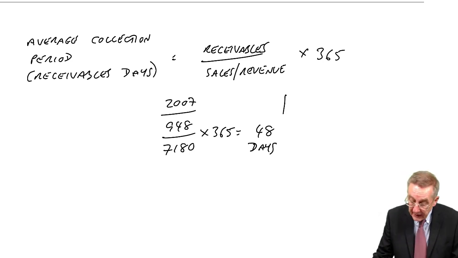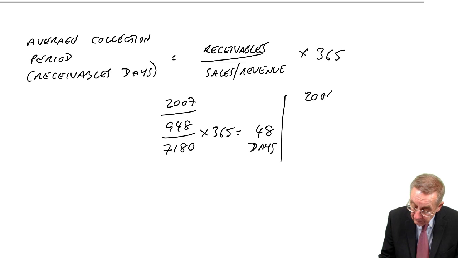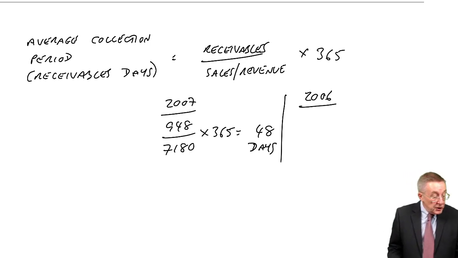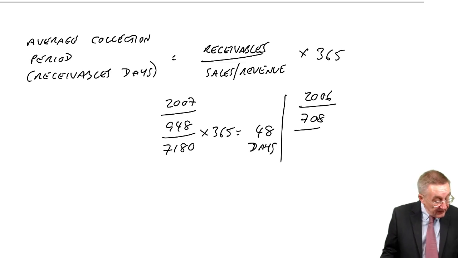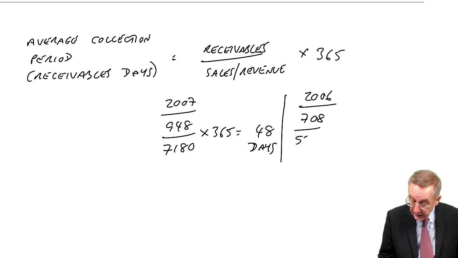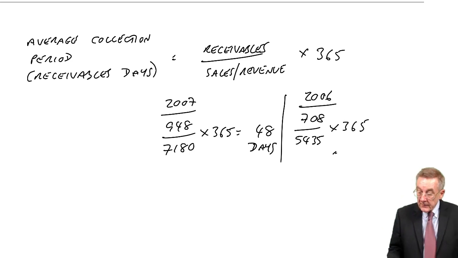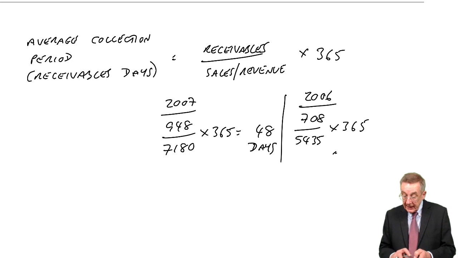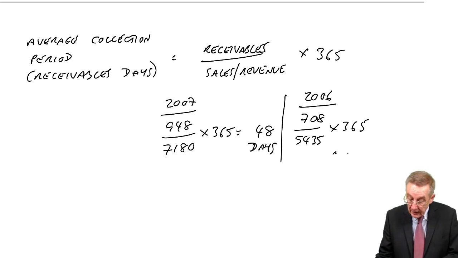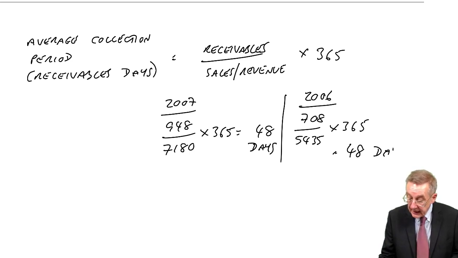Now, before I say any more about it, let's just do it for the previous year. The previous year, receivables were 708. The sales were 5435. And so last year, it seemed as though we were taking 47.5, effectively the same, 48 days.